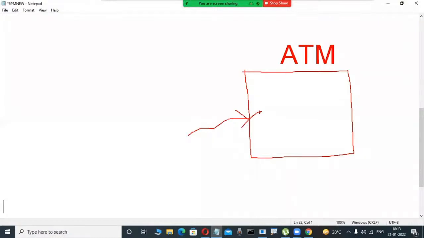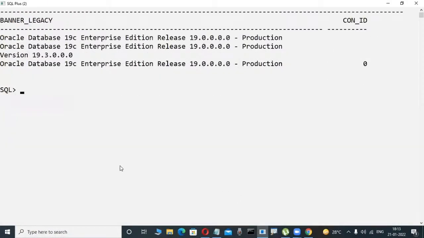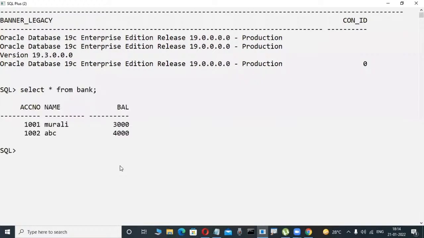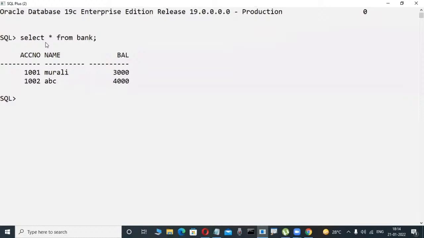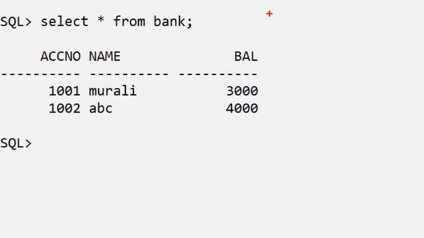Now check it out. Slowly observe the screen. Suppose in this database, bank is a table, for example. Just observe the scenario, a very easy way to understand. This bank is a table, and in table format we store the data.